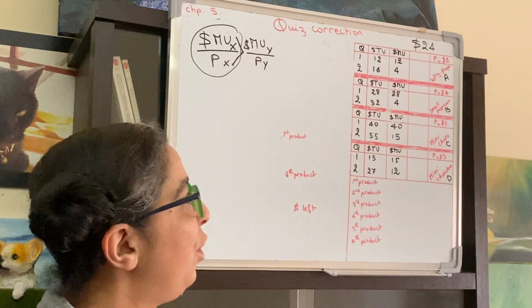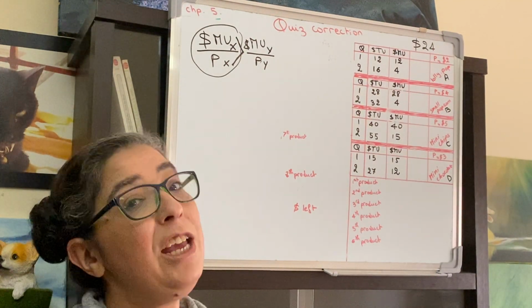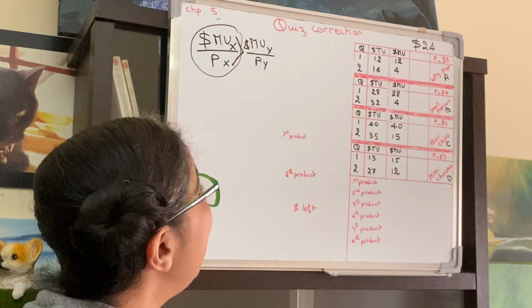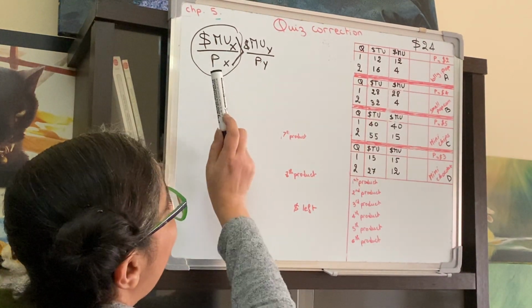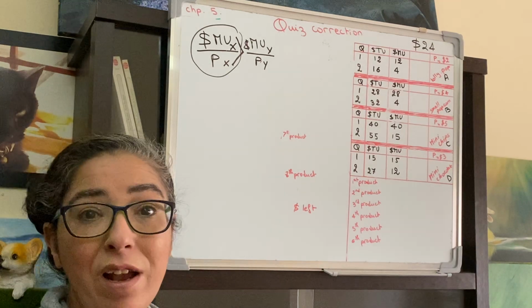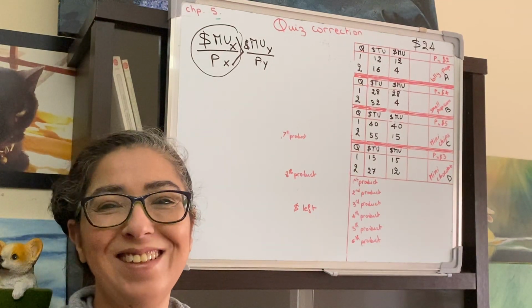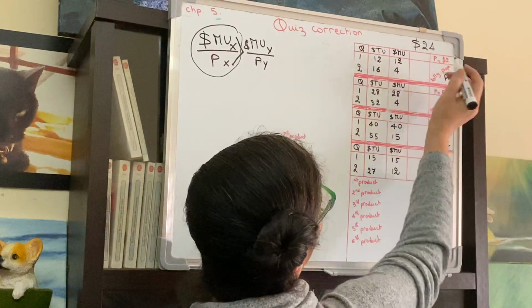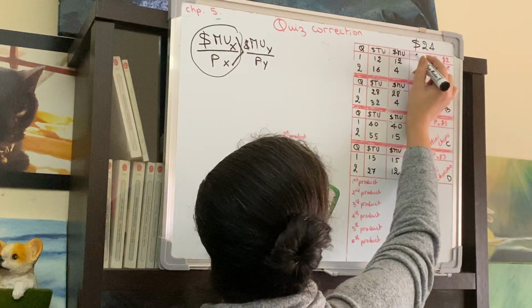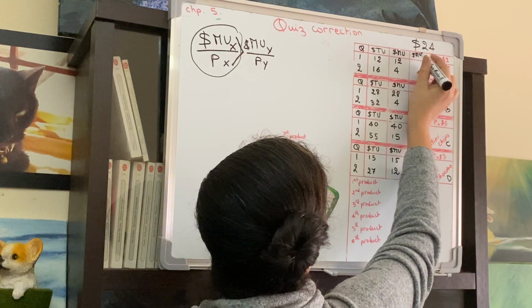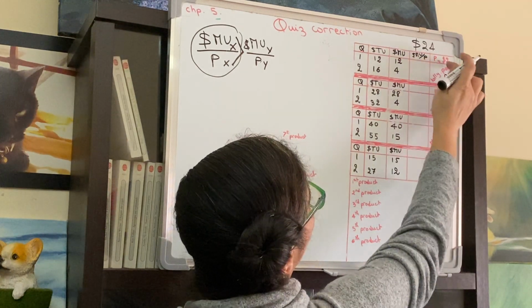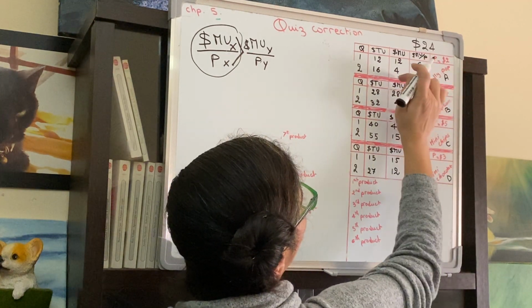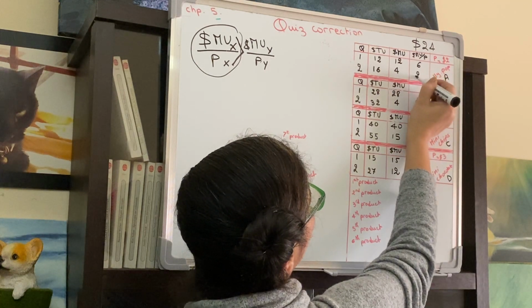So you have your dollar marginal utilities. Now what you have to do is calculate dollar marginal utility over the price for each unit. Let's do it. So for this one, the price is $2. So dollar MU over P, 12 over 2, that's 6. 4 over 2, that's 2.